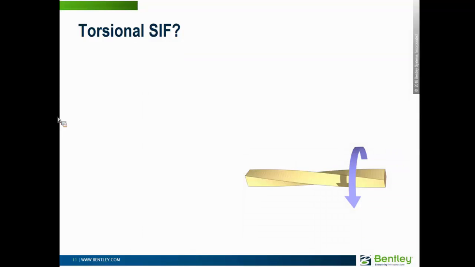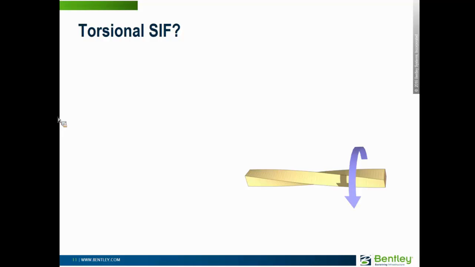One of the things that I've mentioned is torsional SIFs. Although ASME B31.3 has had torsional SIF considerations in sustained, expansion and occasional stress for some time, AutoPIPE would always previously use a value of 1, and unfortunately would not give the users options to modify the torsional SIF for the stress calculations.